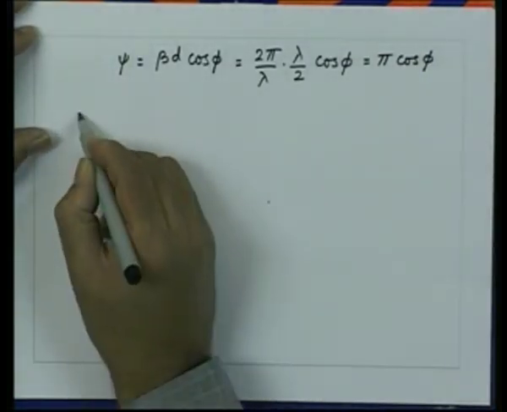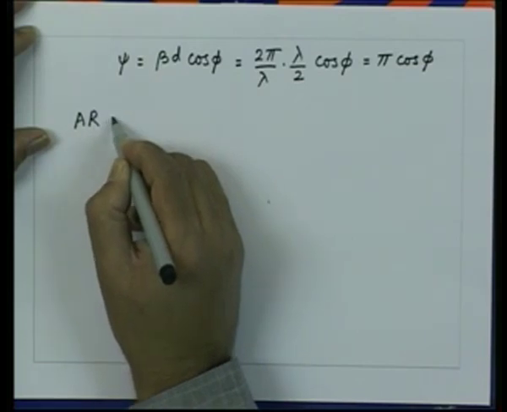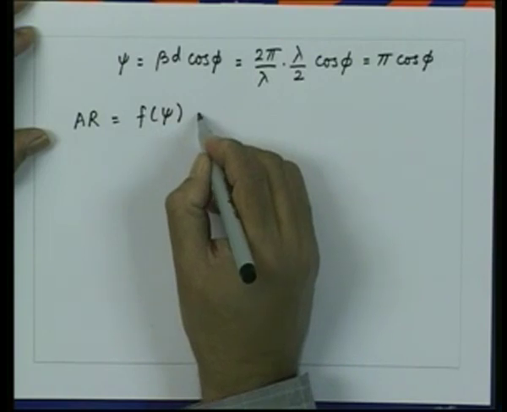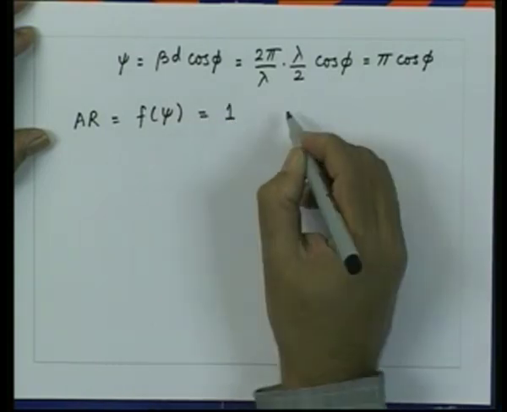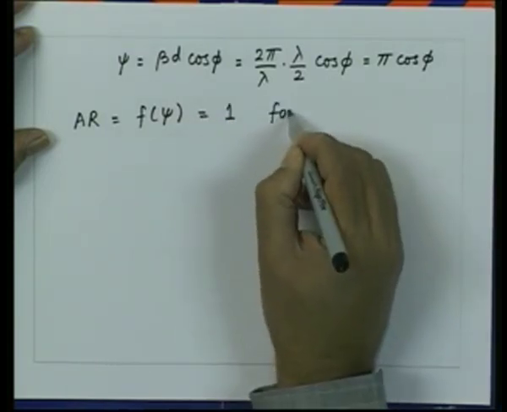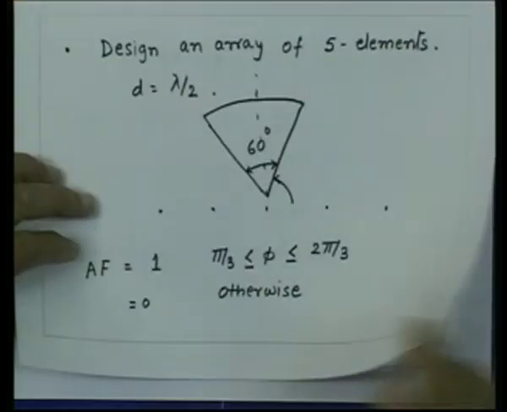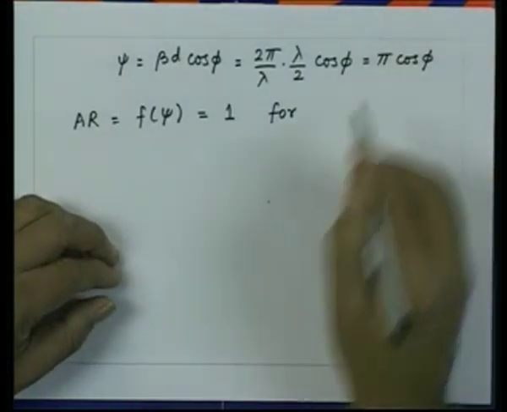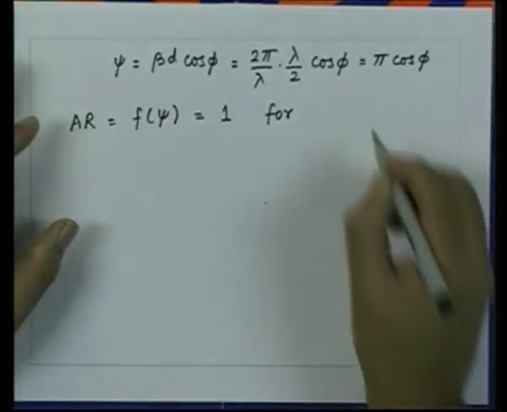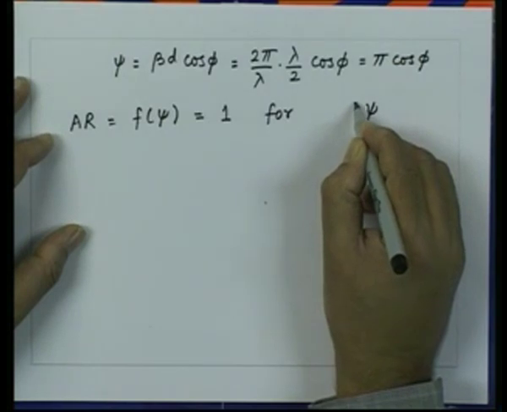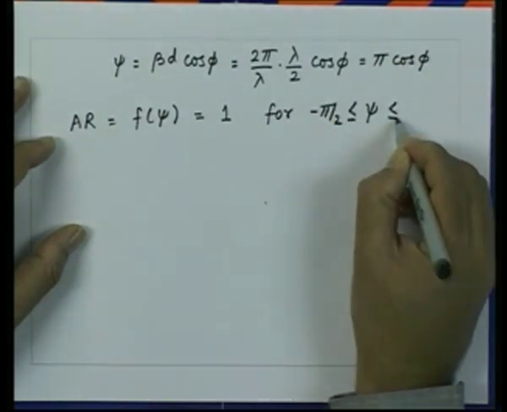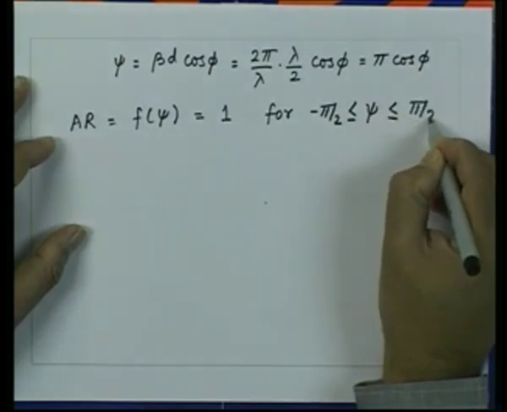So now the array factor in terms of psi, f of psi, will be equal to 1 for this range of phi, and if I substitute that in this, I get the values of psi from minus pi by 2 to pi by 2.